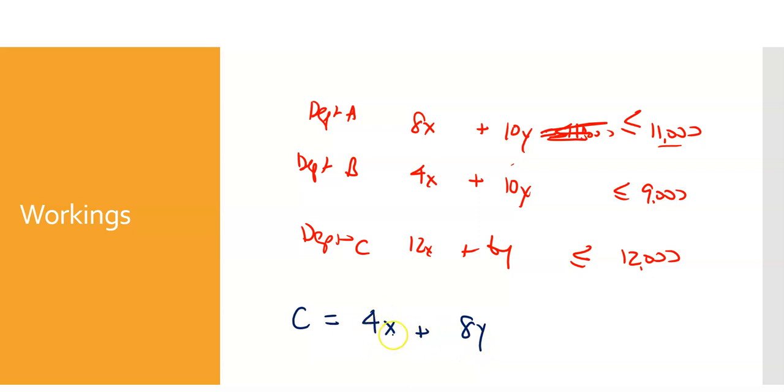Or I sell a combination. So I'm almost trying to find the optimal point. What is the best use of these resources? That's really the issue here.